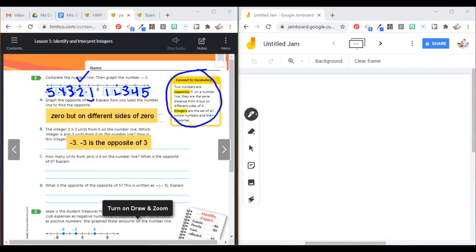Now let's look down at C. How many units from 0 is 0 on the number line? Is there another 0 on the number line? No, there is not. So 0 is 0 units from 0 on the number line.